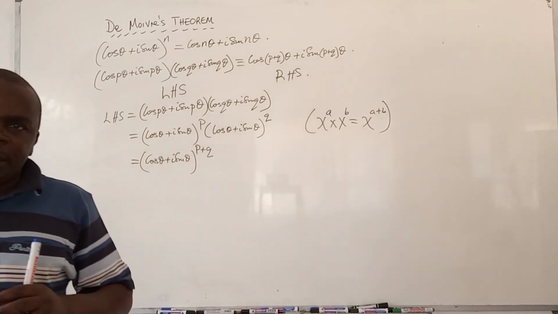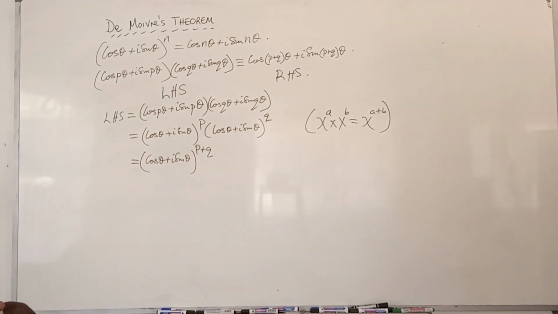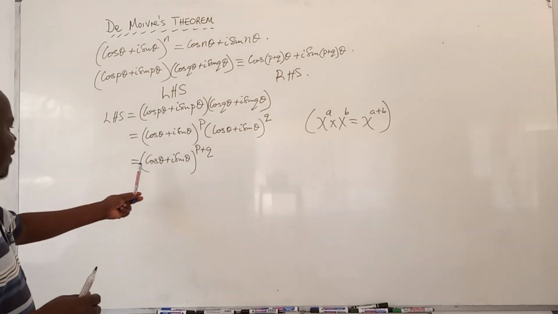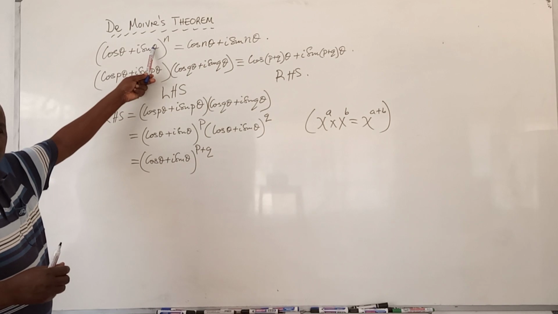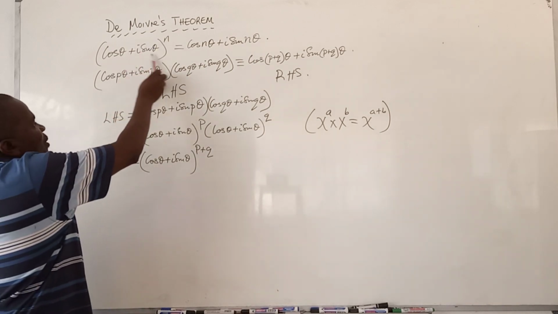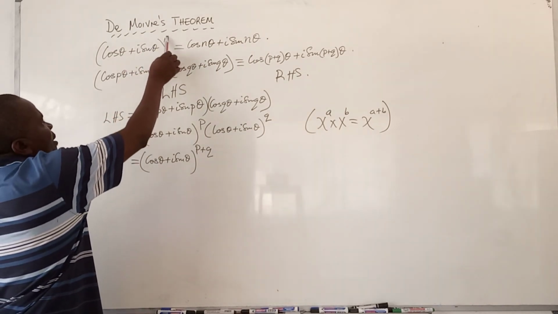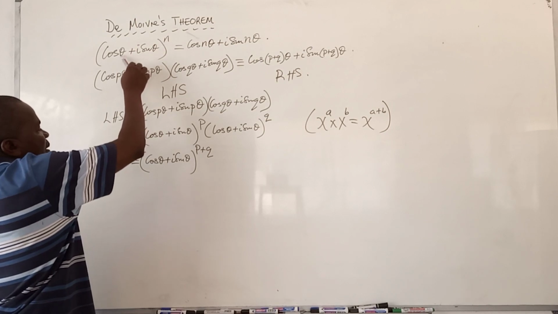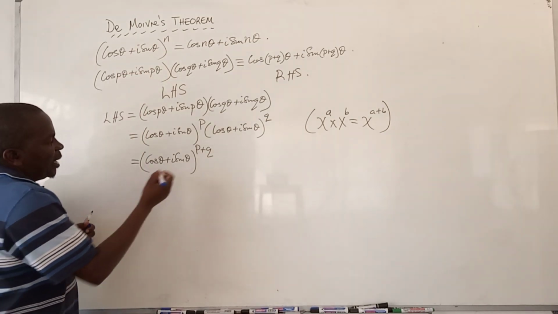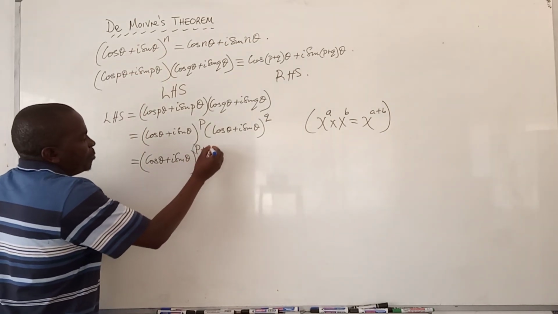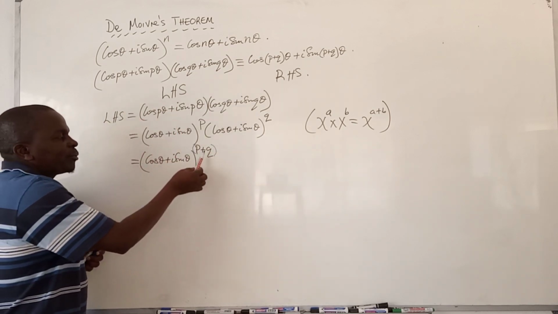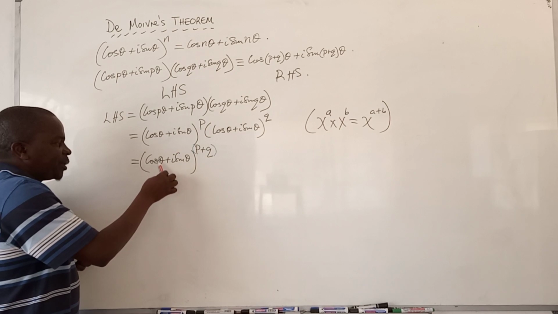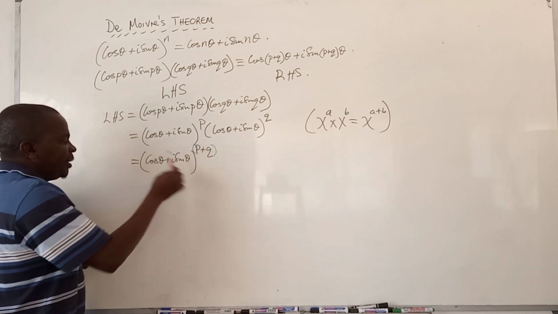Now, when you look at De Moivre's theorem, this is similar to the left-hand side. According to this theorem, this n can multiply the angles. At this stage, our n has been replaced by p plus q. We can still apply the theorem because this p plus q can be dropped and multiply the angles.